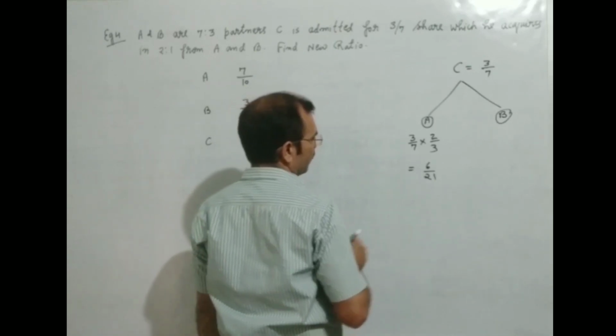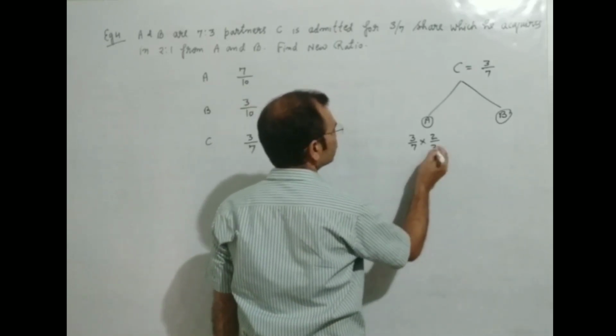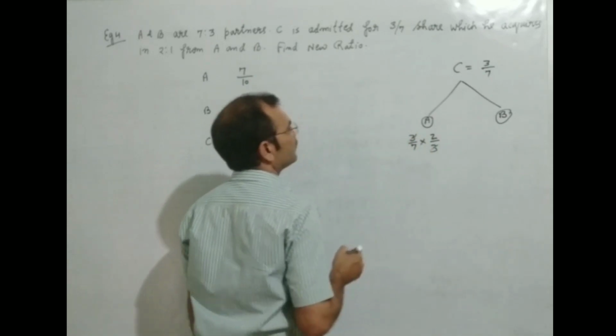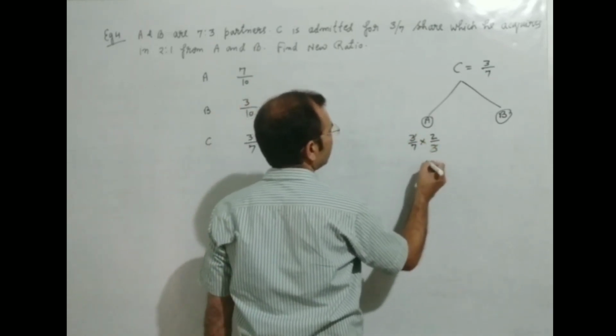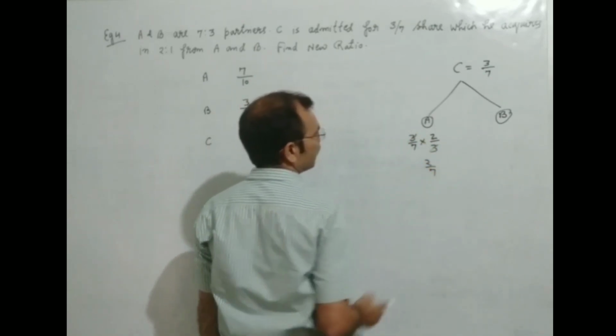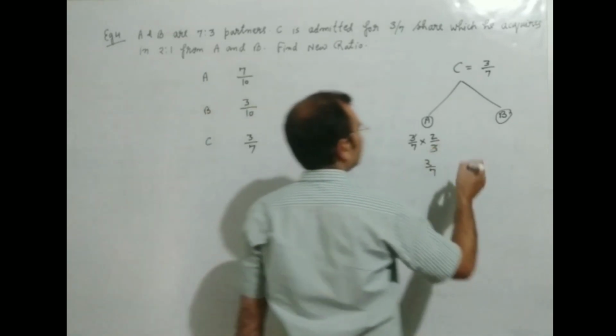Here 3 and 3 cancel out, and we can write 2/7. Okay.